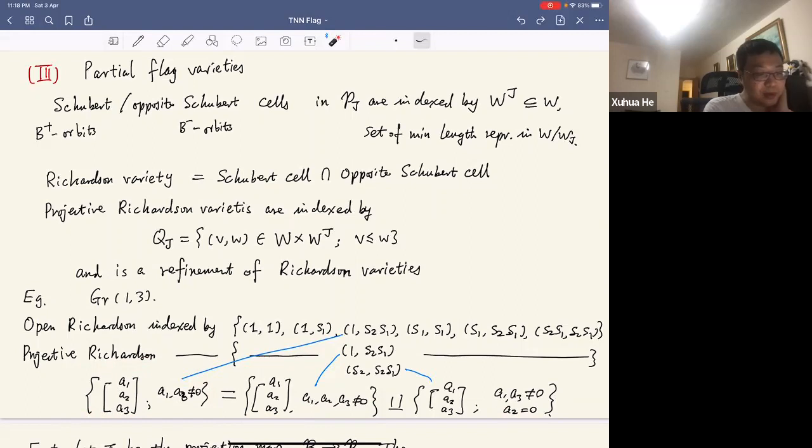So this is the reason that we need to find a refinement of the Wilson variety, in order to understand these geometrical properties.